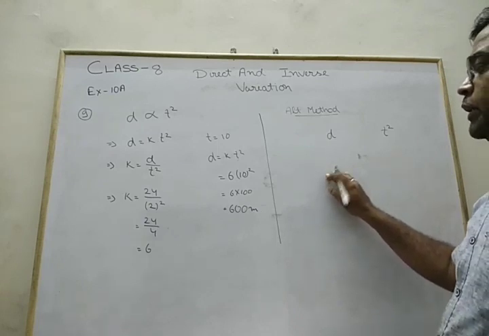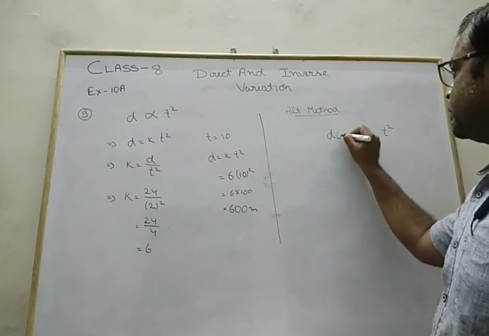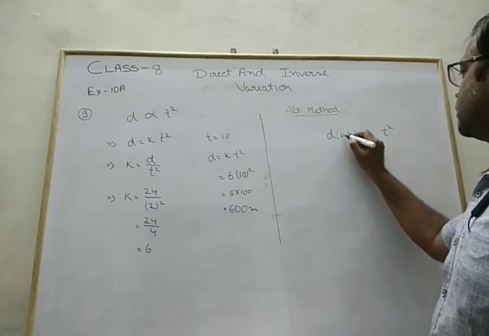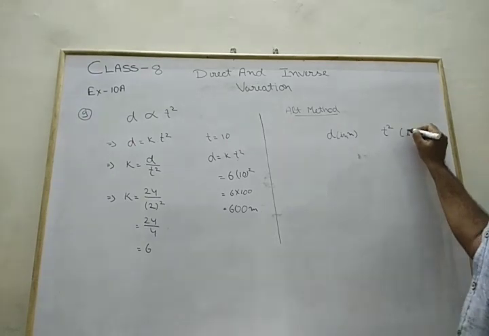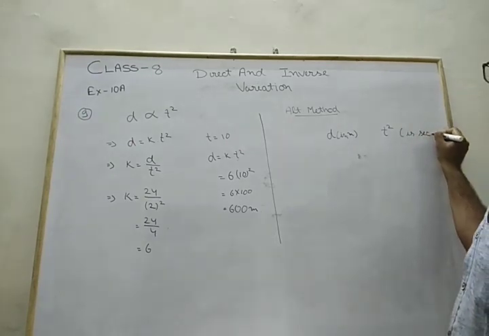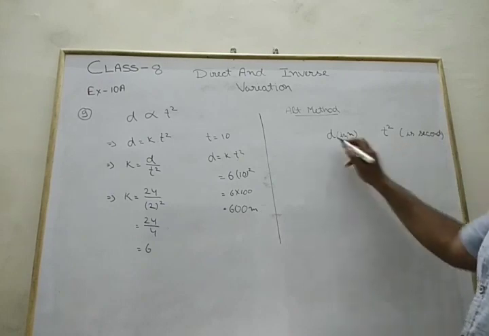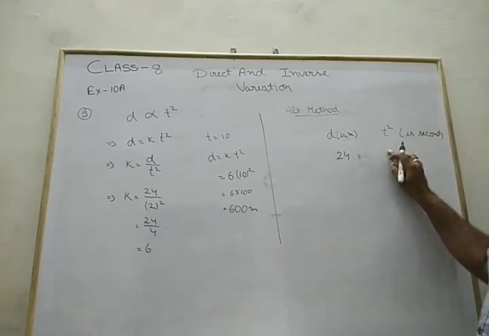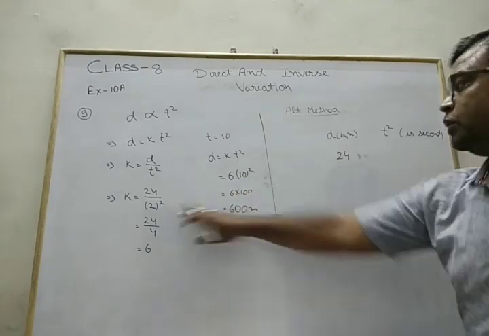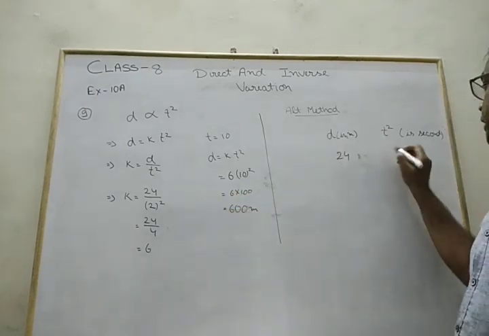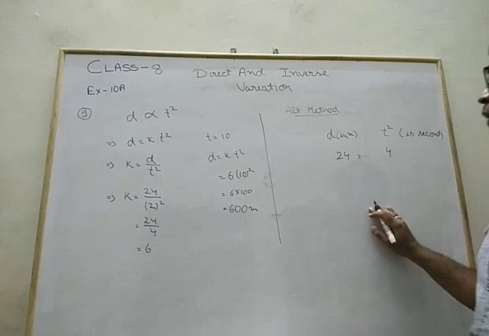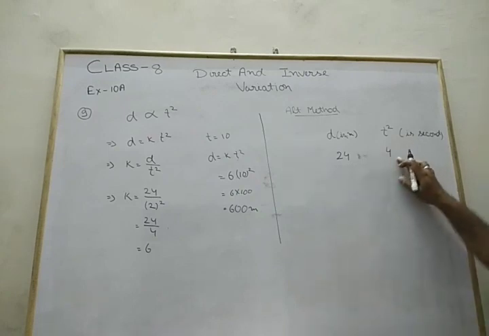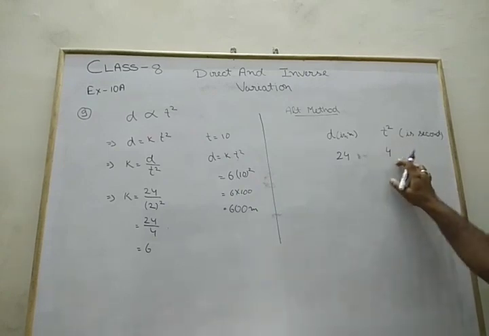The value of d is 24, d in meter, t in second. Value of time is 2, but here we are writing t square, so write down 4. Then time is 10, but we are writing t square, so you must write down 100.